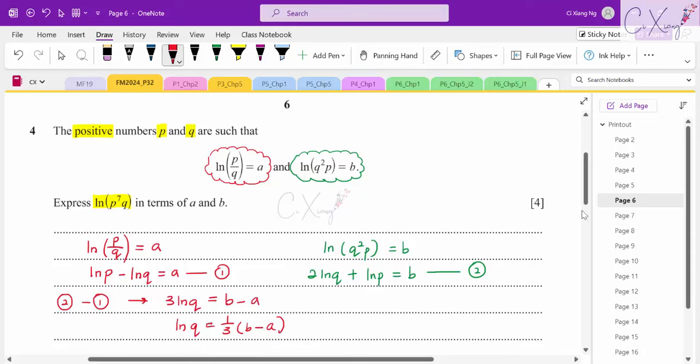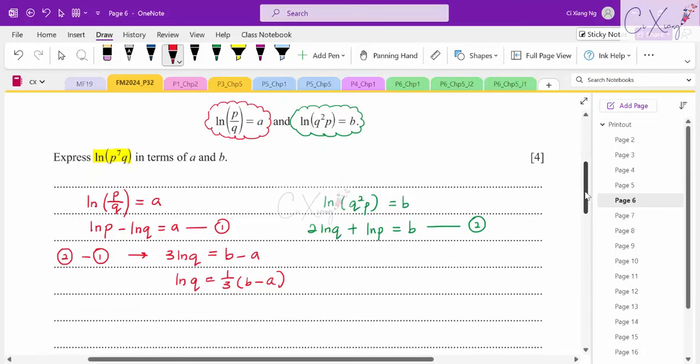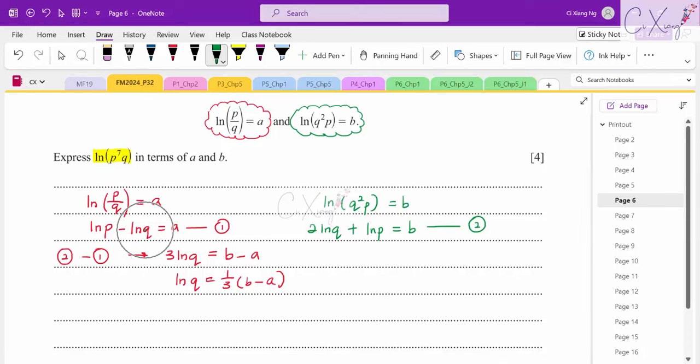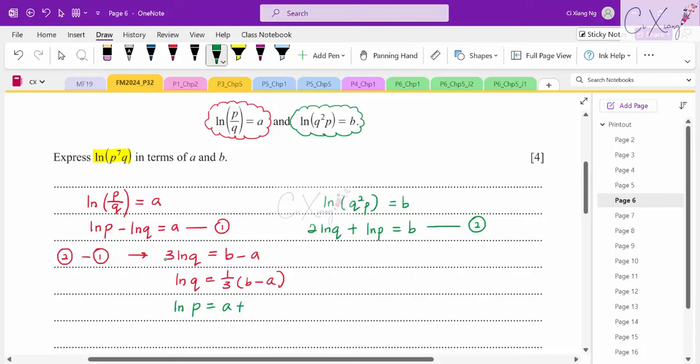Okay, so this is my ln q. But of course, I need to find out ln p. For ln p, maybe I substitute into the first equation here. Alright, so I'm having ln p equals a plus ln q. A plus, this is the ln q that I get here, so 1 over 3b minus a.